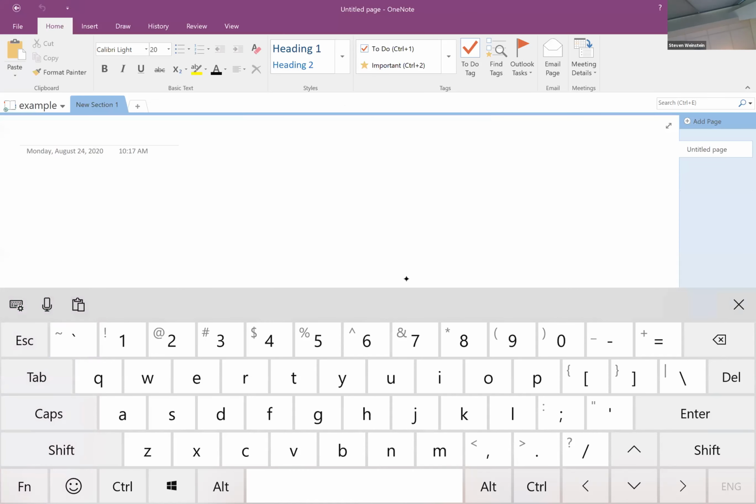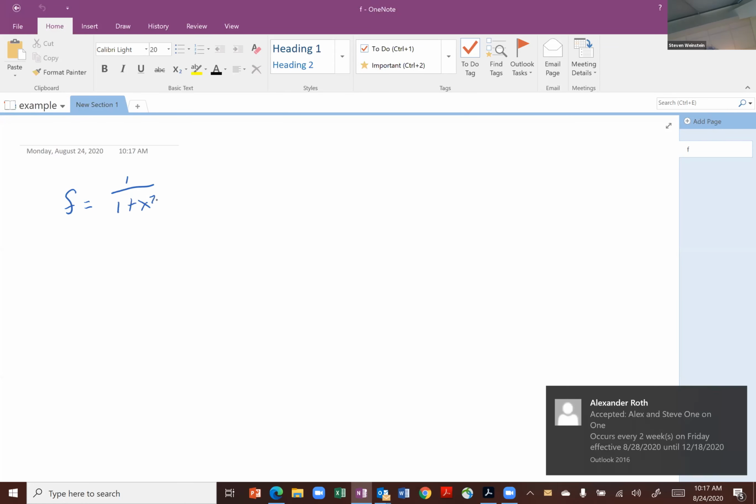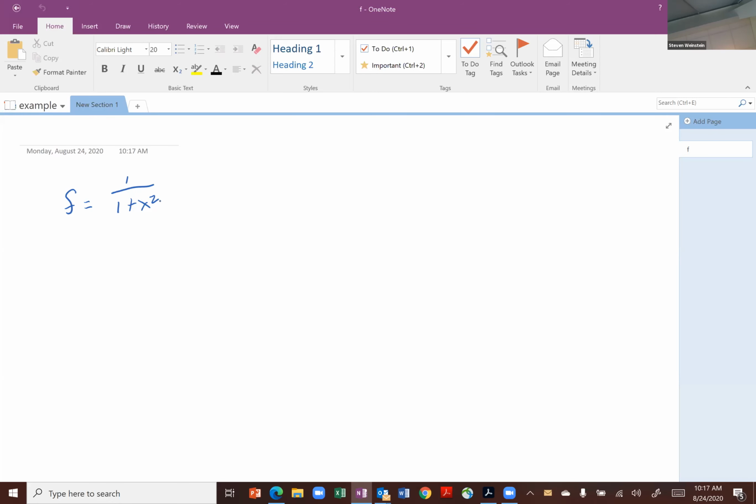Okay, all right. So let's say you have a function 1 over 1 plus x squared. Now that function is very, very well behaved, correct? I mean, x is a real number.